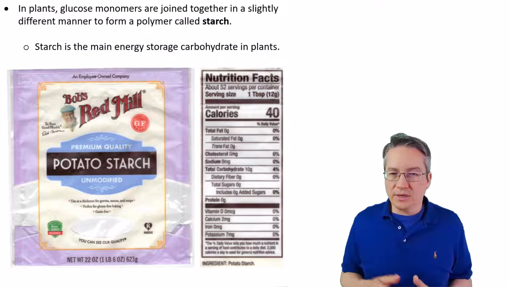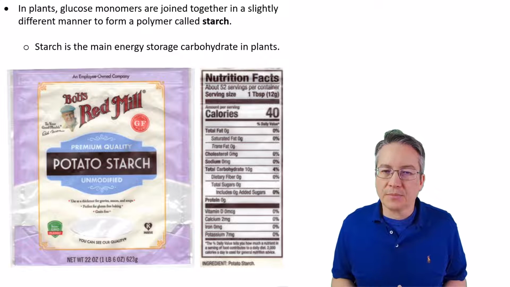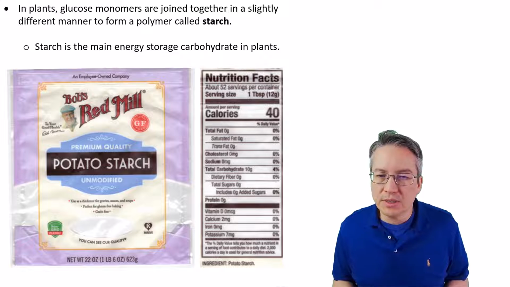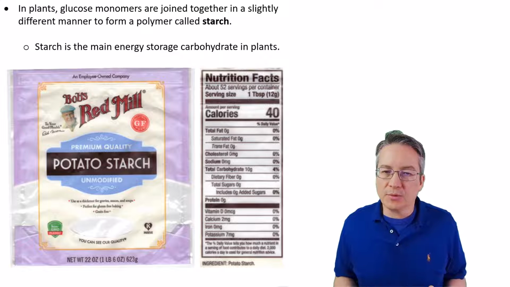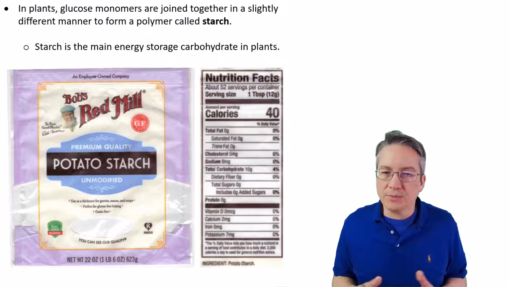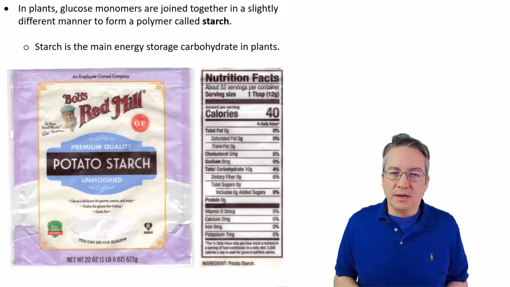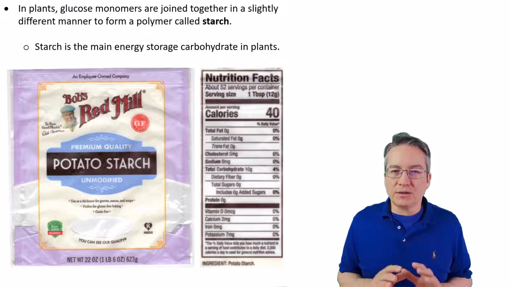You can see if you look at the ingredients that there's no fat, there's no cholesterol. But if you look at carbohydrate, you can see 10 grams would be 4% of your carbohydrates for the day. So it's essentially all carbohydrates when you have potato starch, and this starch is actually glucose.